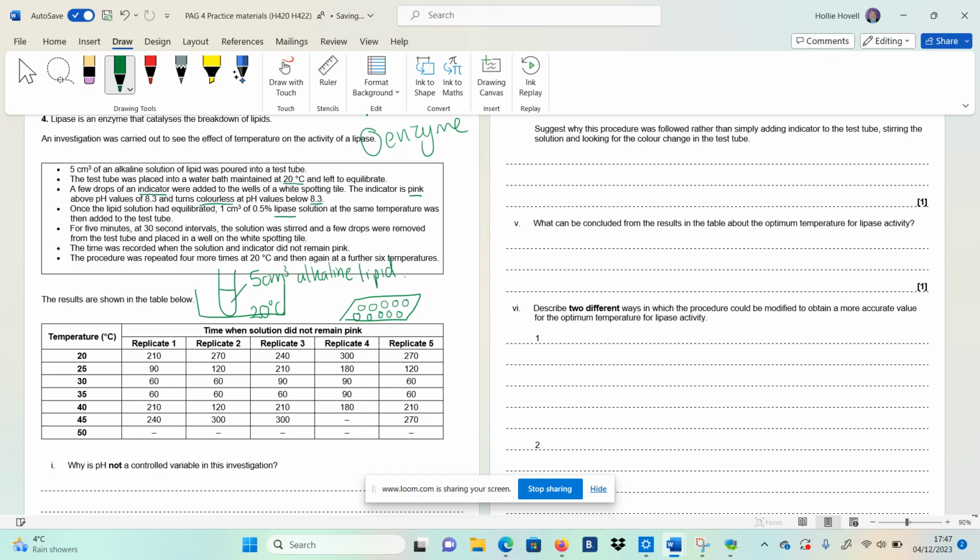So they've put the indicator in there in each one of those wells. And we know that above 8.3, it's pink. And then below pH 8.3, it goes colourless.